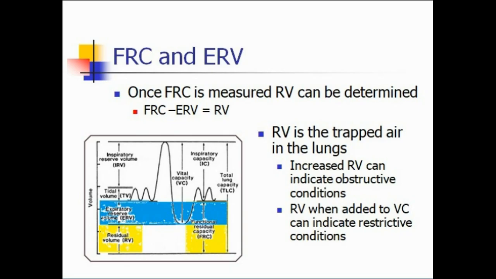Residual volume is that trapped air in the lungs. If it is increased, it can indicate obstructive problems. When we add the RV to the vital capacity, that can indicate if there are restrictive problems. So FRC plays a very important role in both identifying obstructive and restrictive problems.